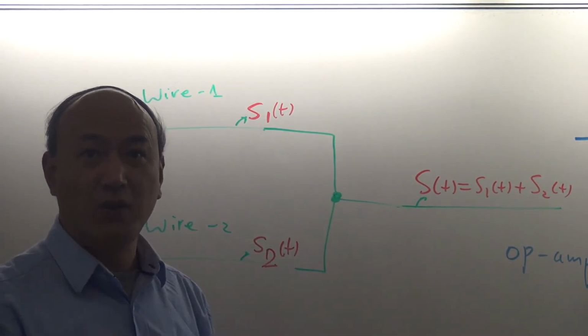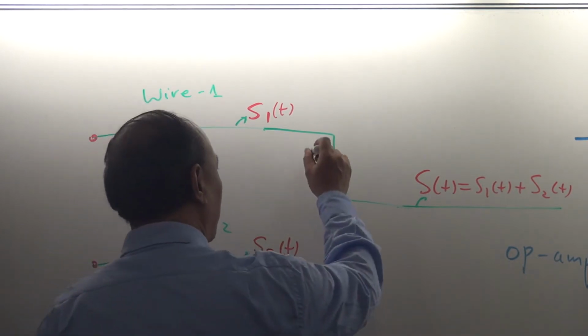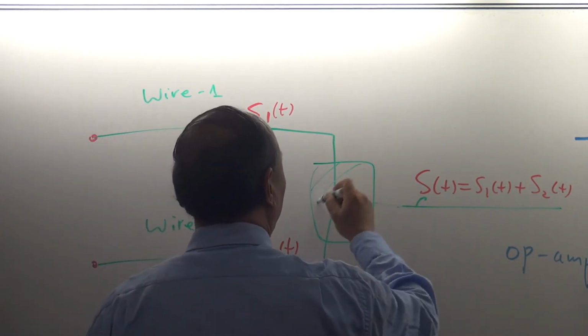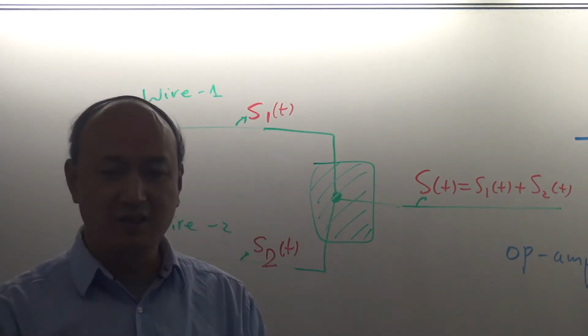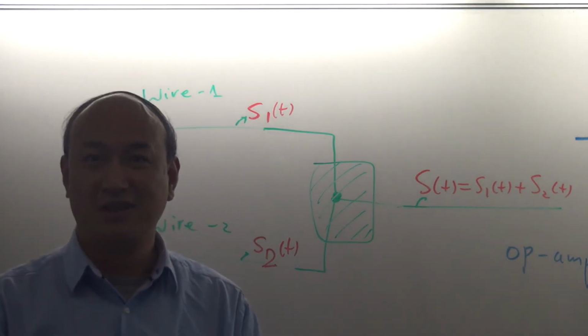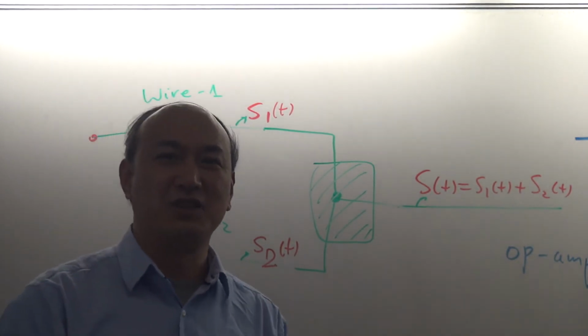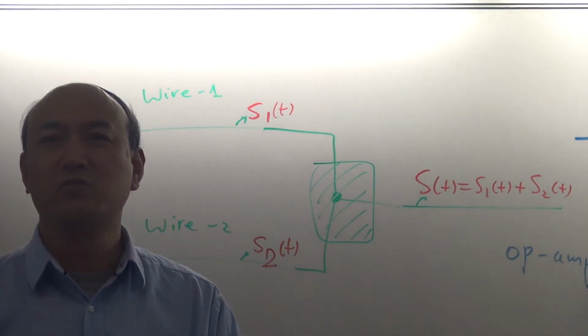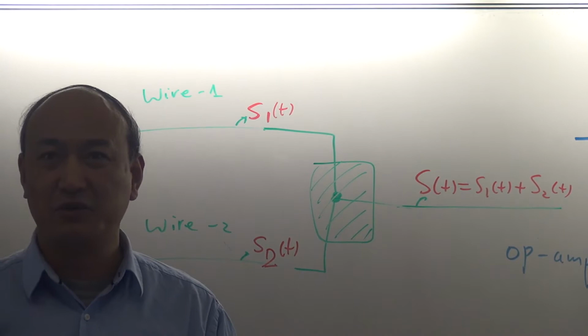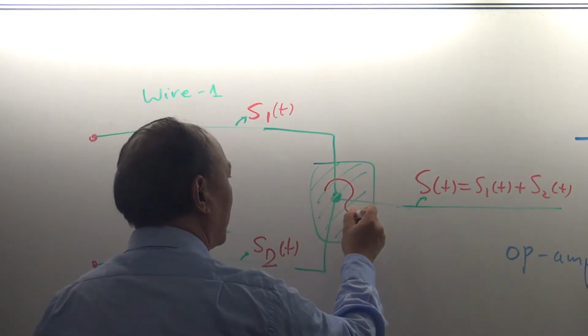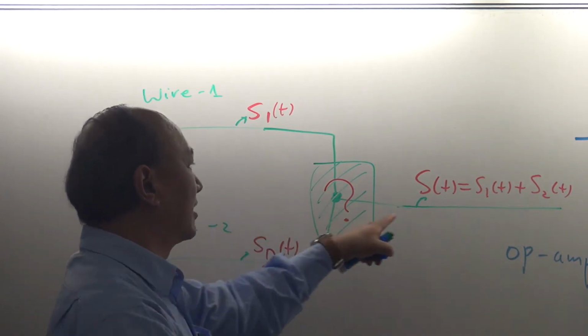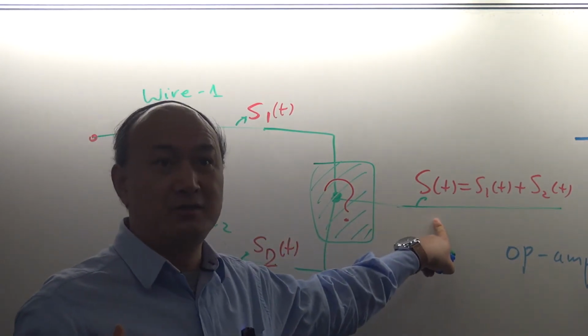So it's not going to work. You cannot do that. There must be something inside here to make it a summation. And by the end of next week, it will be 100% clear to you how to do that, how to put these two signals, adding them together, construct another signal.